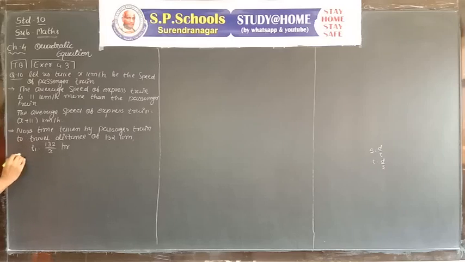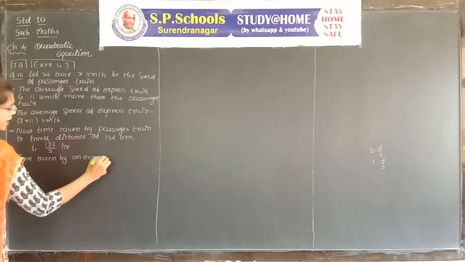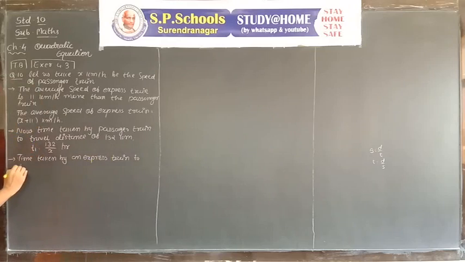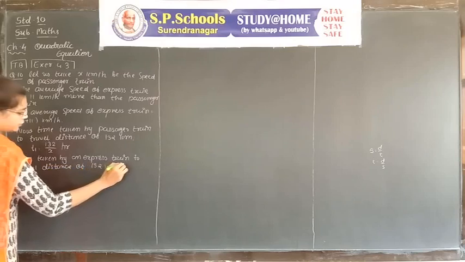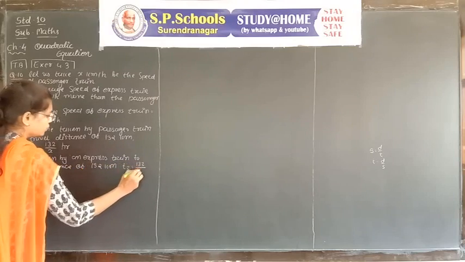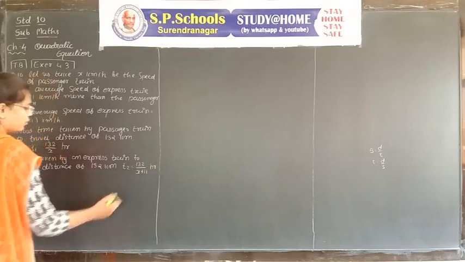Same way, the time taken by an express train to travel a distance of 132 km, T2 is equal to 132 upon x plus 11 hour.